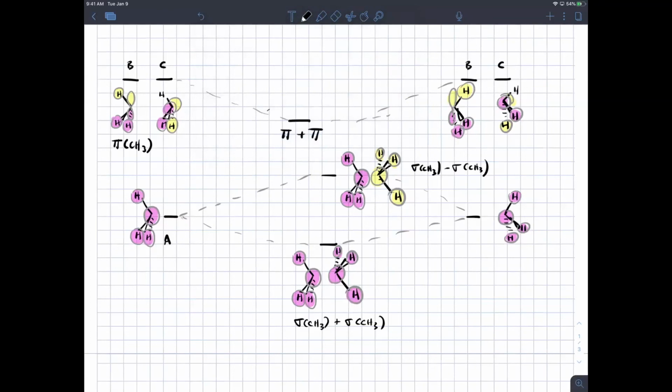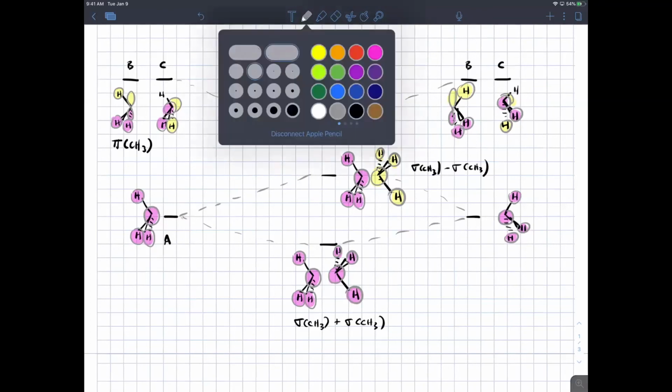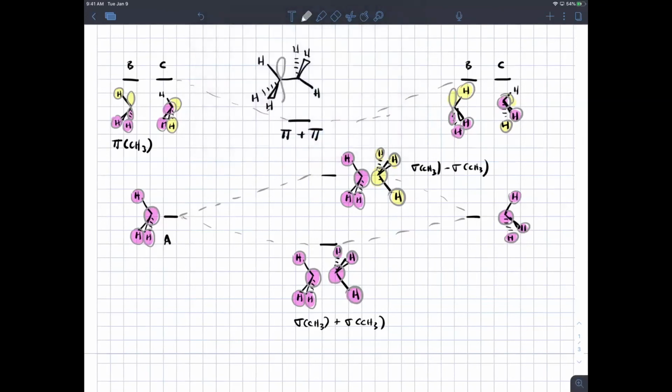All right, let's start with the pi orbital that's sort of on the left, and let's draw it in the staggered conformation. Yeah, we could still make everything overlap in phase.